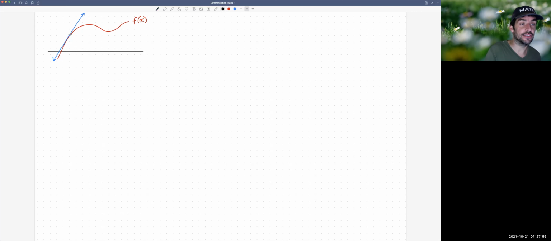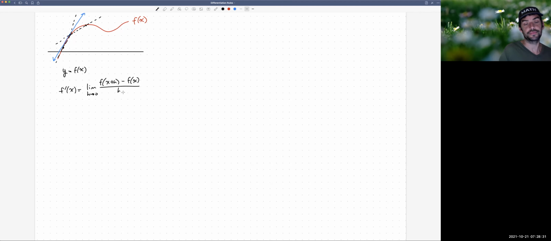And the way we get it is we can take points nearby and make approximating secant lines, right? So a couple on each side, one on each side, right? But then we imagine sliding those points together, and we came up with the definition of the derivative. If we've got a function y equals f of x, we call it y prime or f prime of x, and we take this limit as h goes to 0 of f of x plus h minus f of x all over h, right?